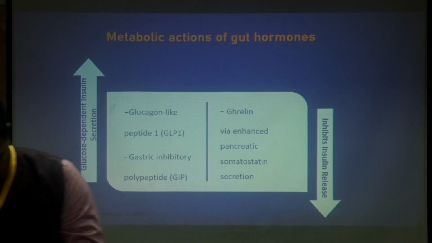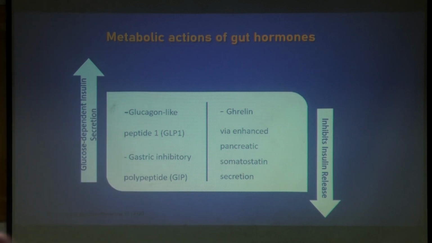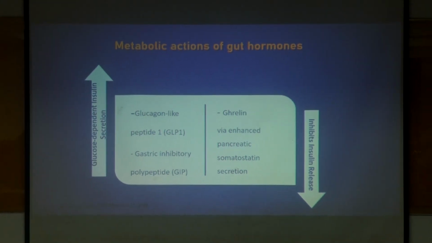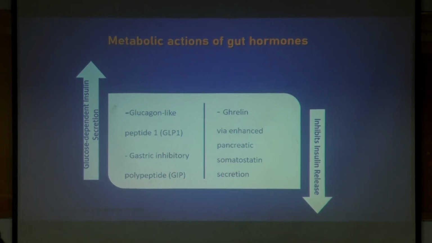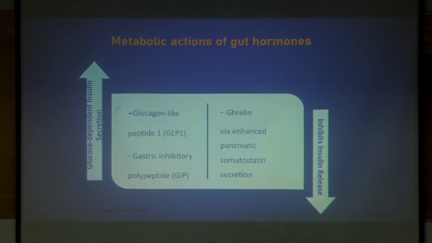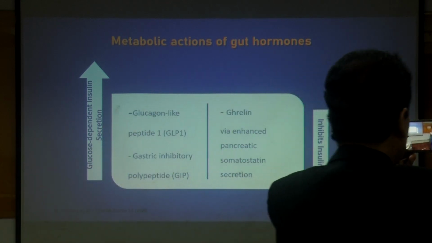So what about the metabolic actions of gut hormones? We all know the glucose dependent action. On one side, GLP-1 and GIP act on glucose sensing. On the other side, ghrelin, via enhanced pancreatic somatostatin secretion, inhibits insulin release.